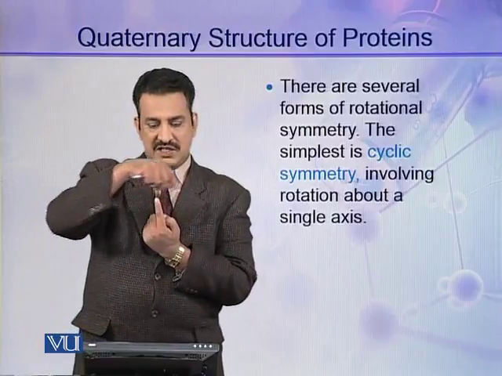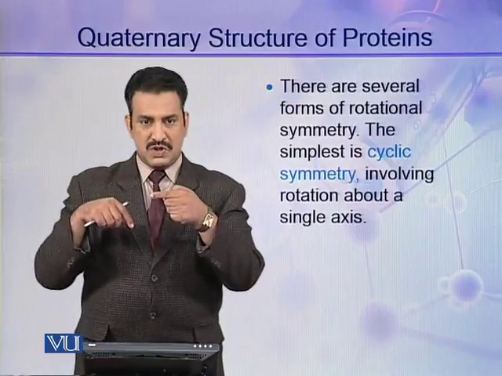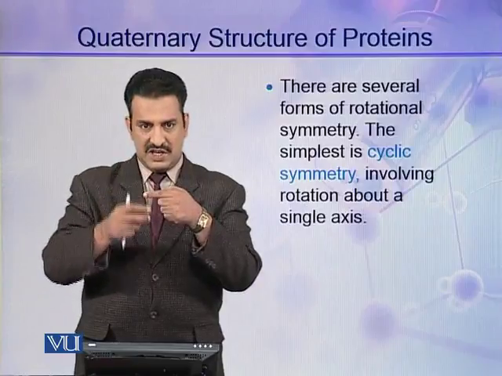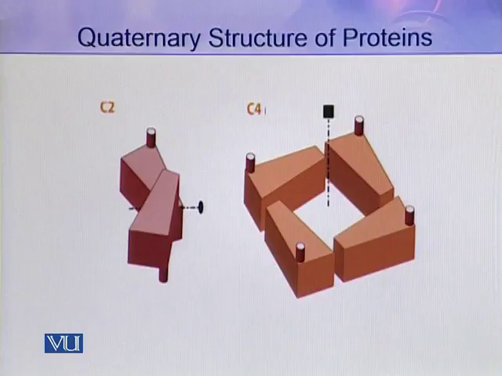Either this is the single axis and rotation is like this, or this may be the rotational axis and the protomers are arranged around this axis. Here you can see clearly. In this picture, you can see 2 protomers. One is this and the other one is this, and they have a single rotational axis.